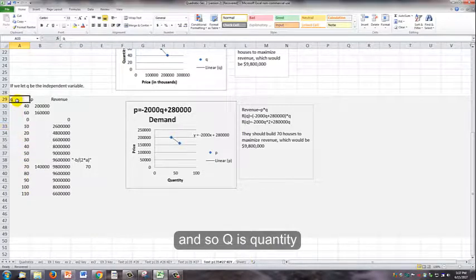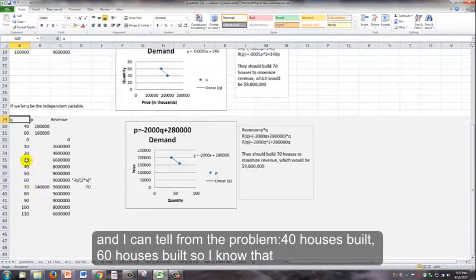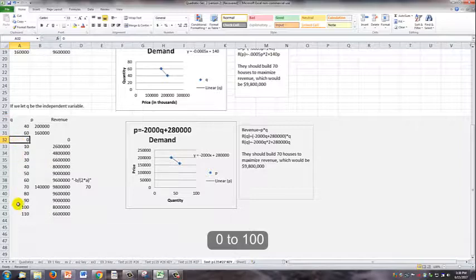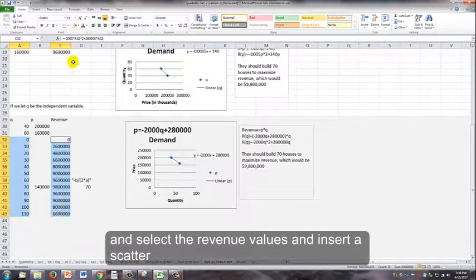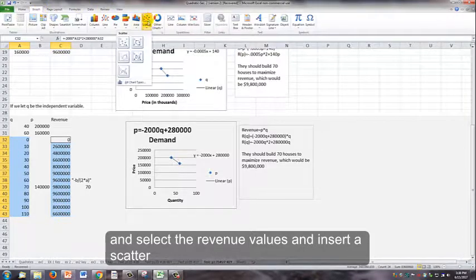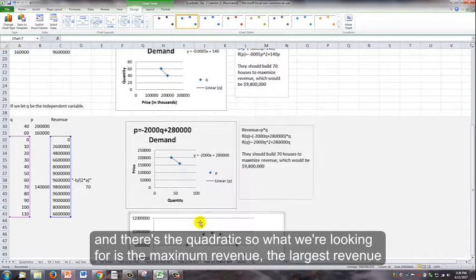Q is quantity, and I can tell from the problem 40 houses built, 60 houses built, so I know that 0 to 100 is a pretty good domain. So I'm going to select my domain, hit Control, and select my revenue values and insert a scatter. And there's my quadratic.